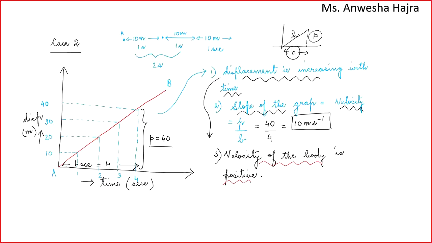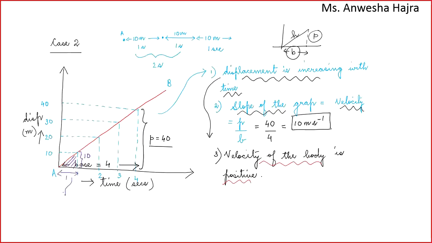Now, a child thinks this in this way, children. I find out perpendicular as 40, base as 4. But someone wants to take a smaller triangle. Takes this one, 10, this small triangle, 10 and this base as 1.